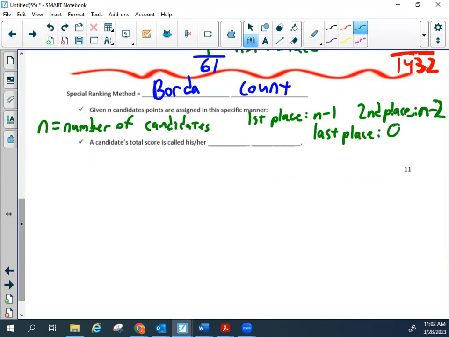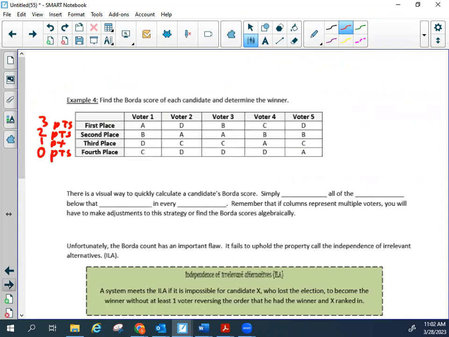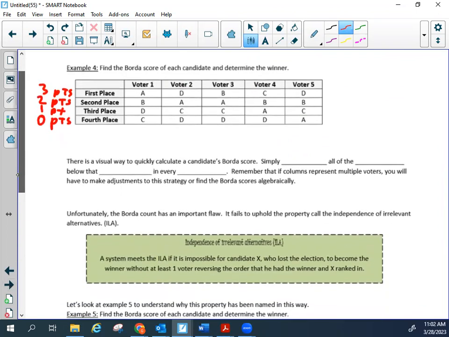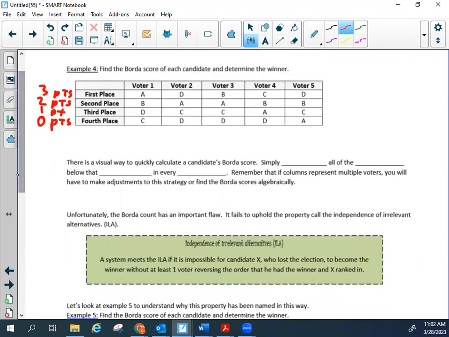The total score is going to be called the Borda score. So I want to find the Borda score of each candidate. So I have candidates A, B, C, D.